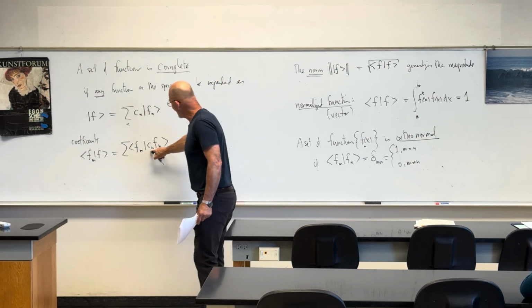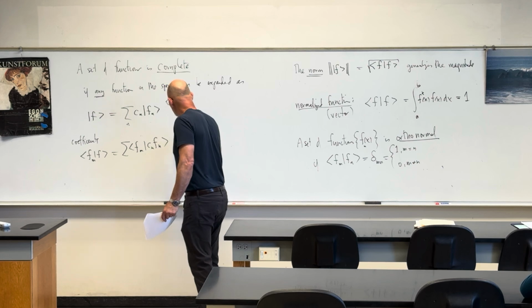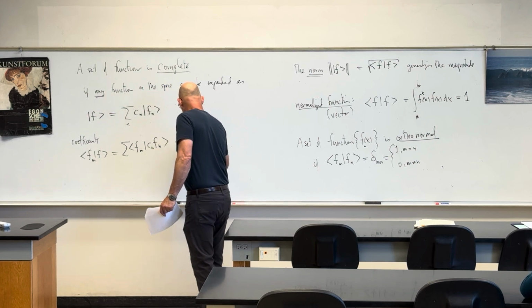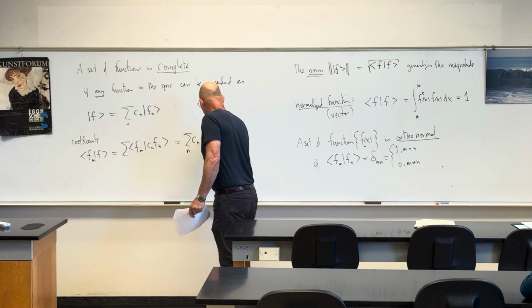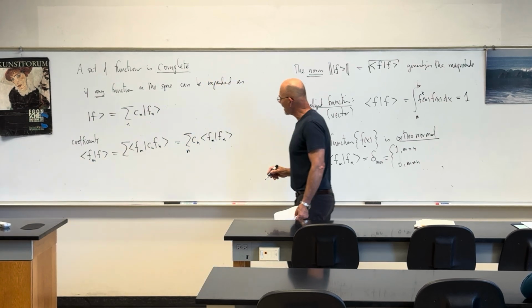Since we're on the right side of the scalar product, we can pull that c sub n out, and we've got f sub m, f sub n, that's the scalar product.